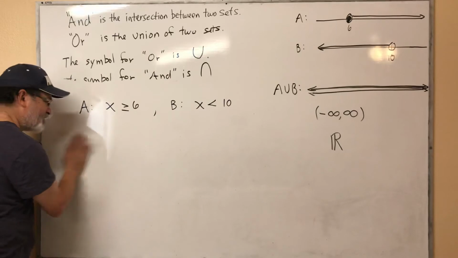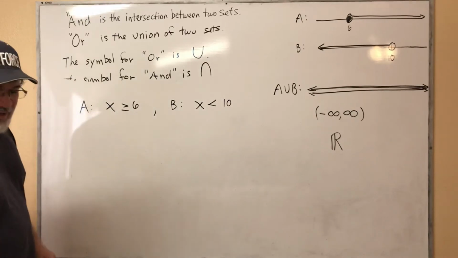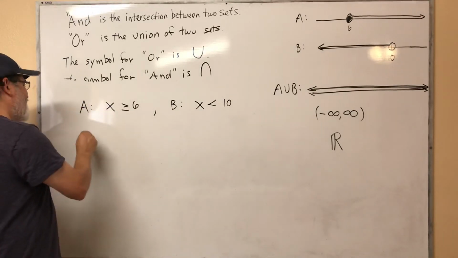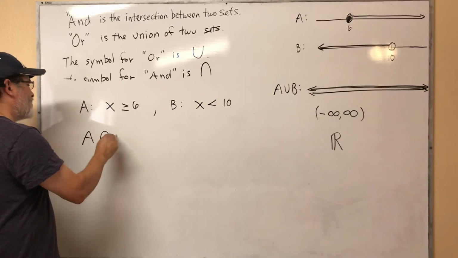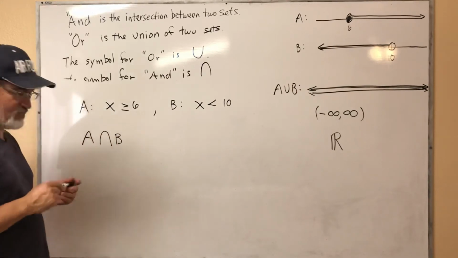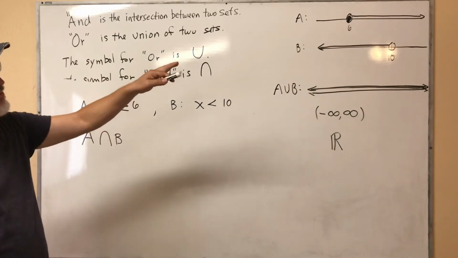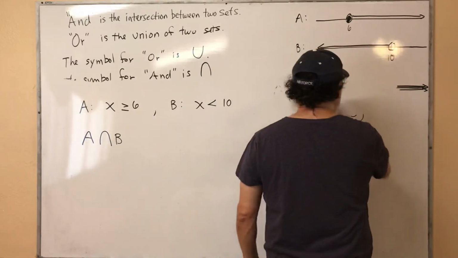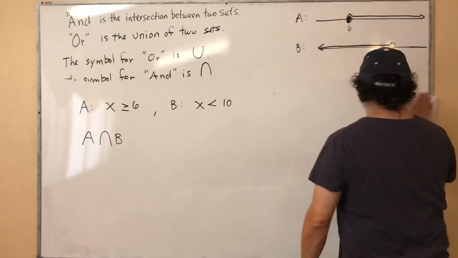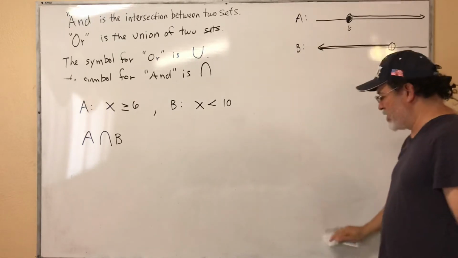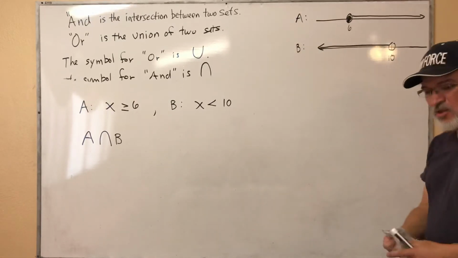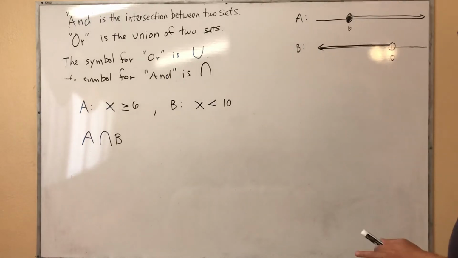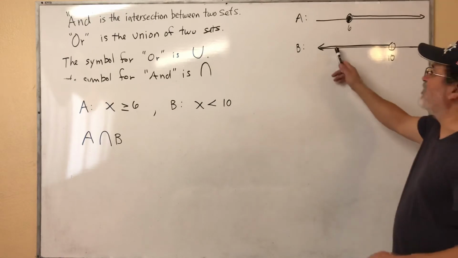How about A intersect B? We're going to use the same graph right up above, but now let's change this. Now we want what both sets have in common. Do they have 5 in common?